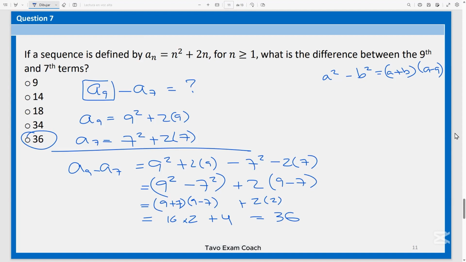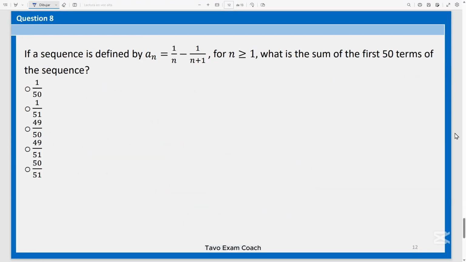Let's see another example. Question 8 says, if a sequence is defined by a sub n, the generic term in the nth position, equals 1 over n minus 1 over n plus 1 for values of n greater than or equal to 1, what's the sum of the first 50 terms of the sequence?